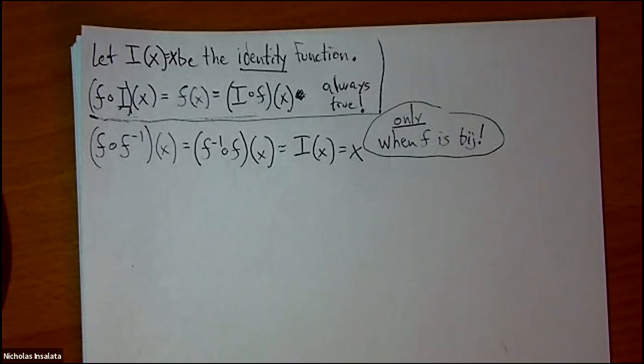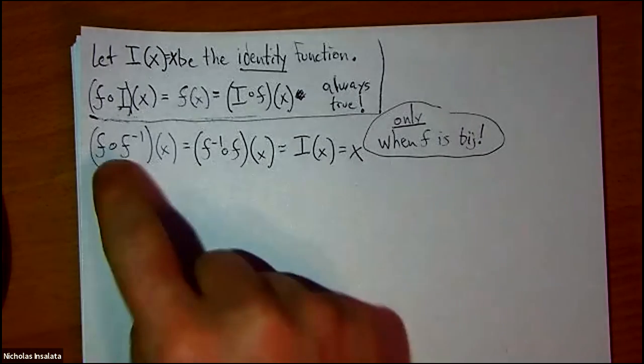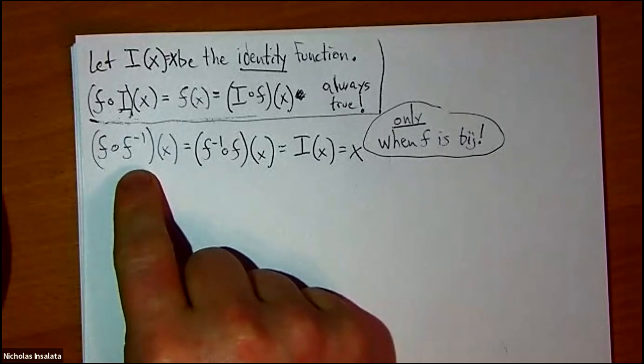Why wouldn't it be true if f was not bijective? Like, what would go wrong? So if f is not bijective, yeah, then the inverse would not be a function, right?